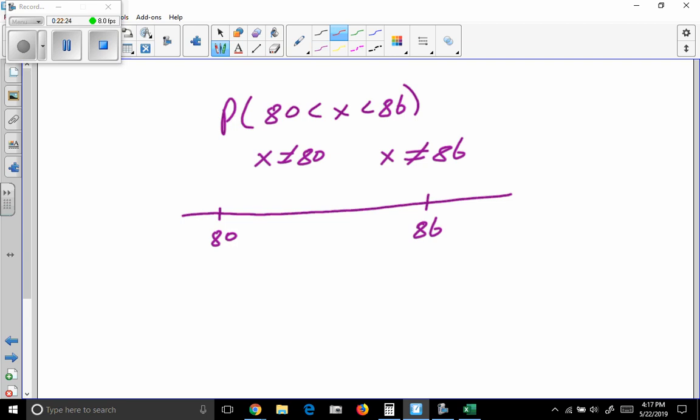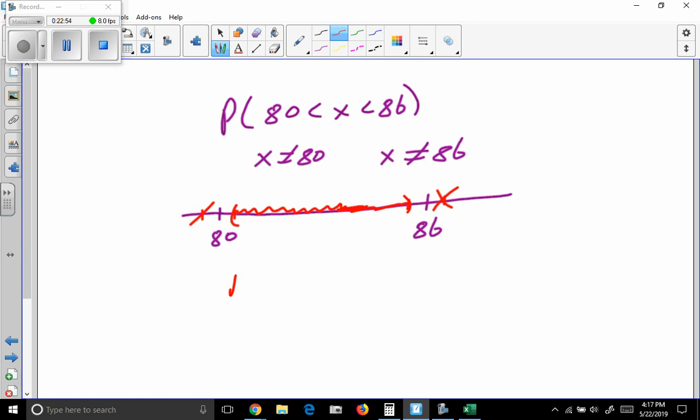So remember, we correct a half unit either to the left or to the right. If we're looking for the area in between and we don't include 80, we couldn't correct that way because 80 would be included. As we go towards 86, we don't include 86, so we couldn't go all the way there, because then 86 is included. So we'd have to stop there.